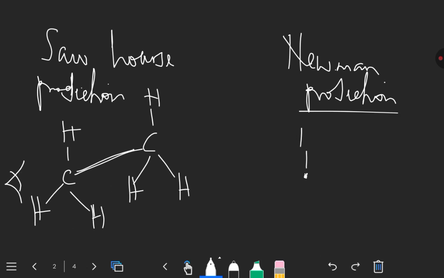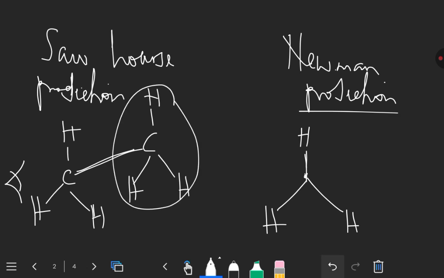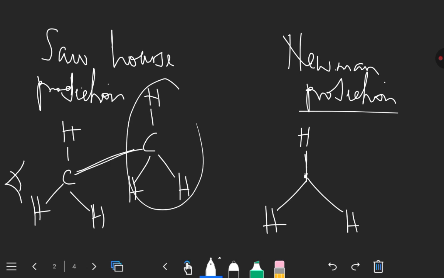Then I'll have this, like that. Then this part of the structure will be behind. Because it will be behind, I'm going to denote it with a circle.